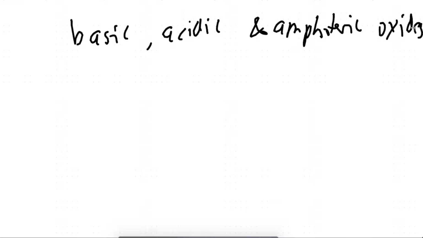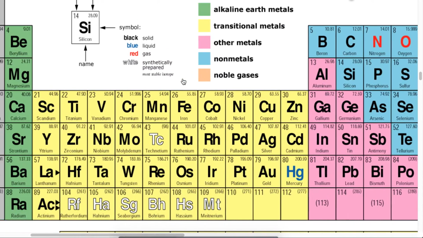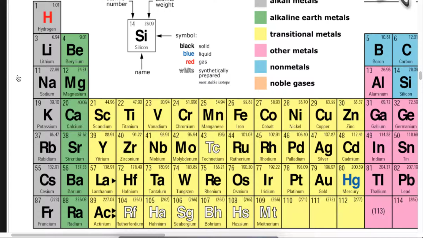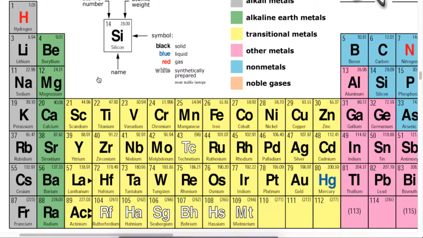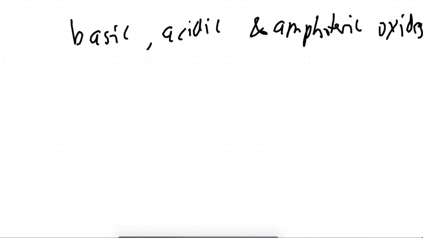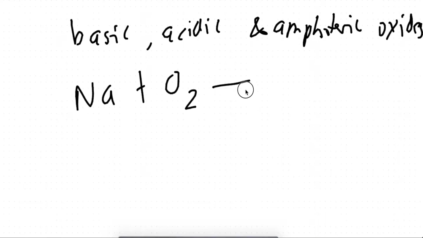Okay, now basic, acidic, and amphoteric oxides is just a name given for the oxides in period 3. So I want you guys to memorize this once again, okay? How do we form oxides? We react the elements with oxygen, okay? So, for example, I have sodium. Remember sodium from group 1 reacting with oxygen. What did we end up getting?